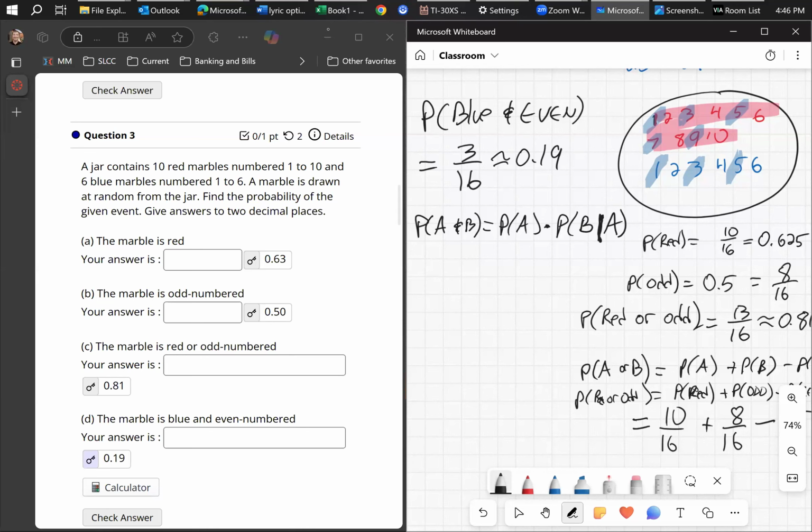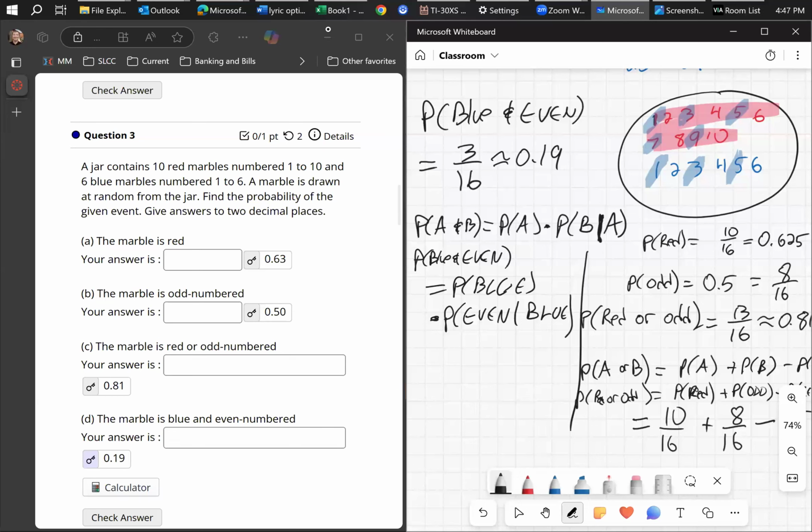The conditional probability makes it a little harder to think through, but essentially what we have is the probability of blue and even will equal the probability of blue times the probability of even given blue.